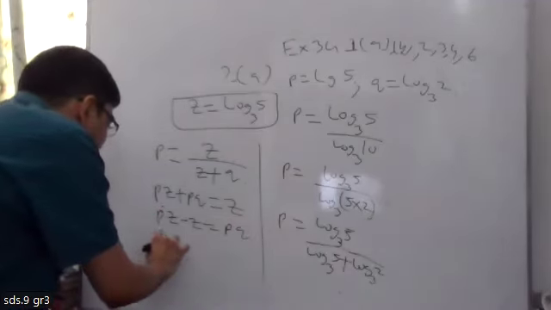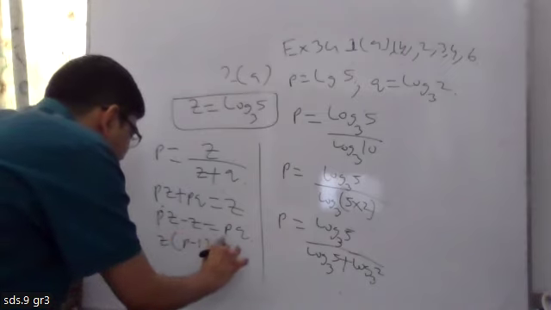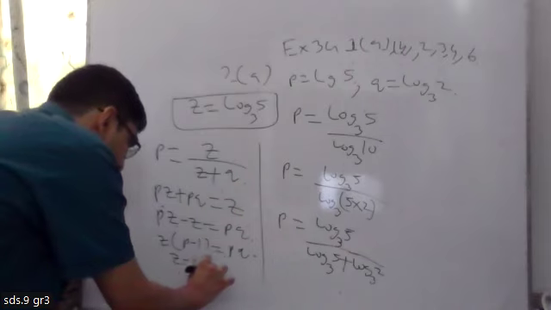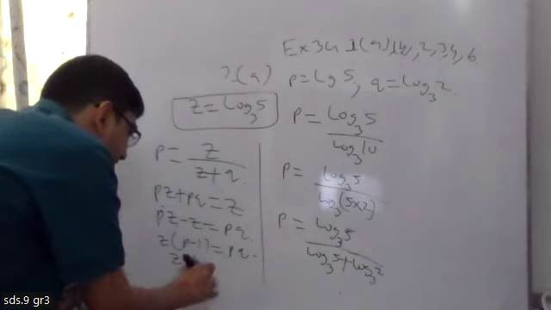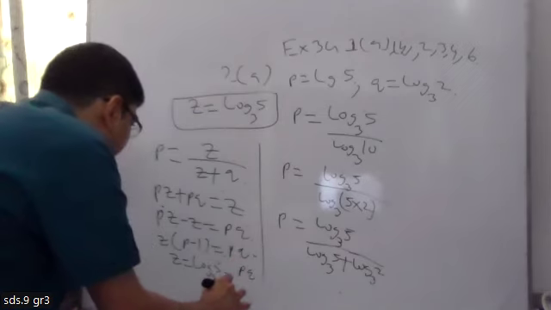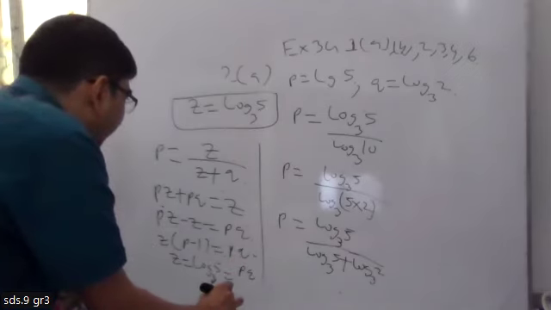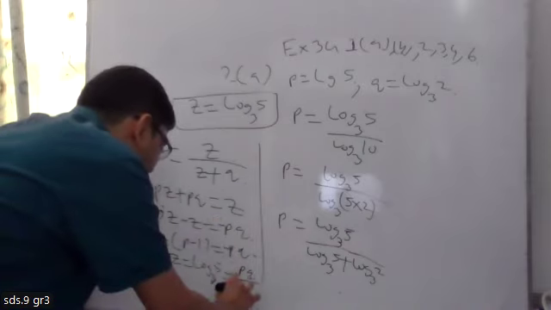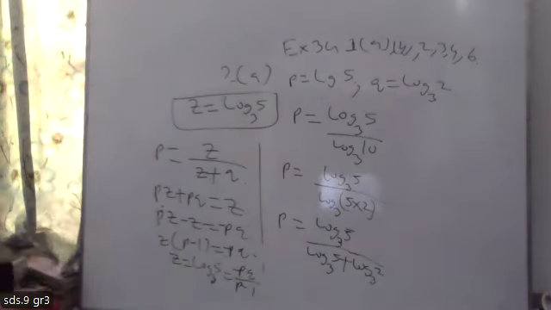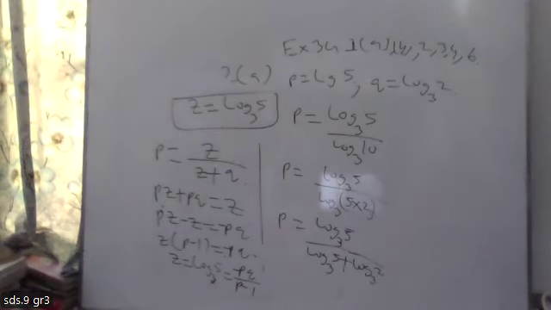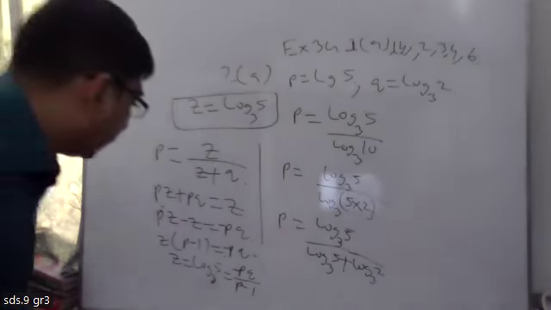If I take Z common, Z times P minus 1 is equal to PQ. So Z, that is log 5 base 3, is, sorry, minus PQ by P minus 1, which I can also write as PQ by 1 minus P.